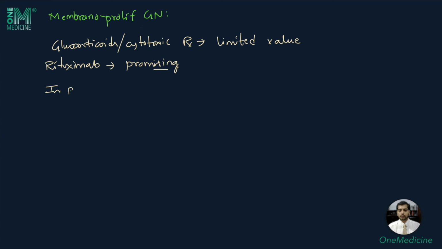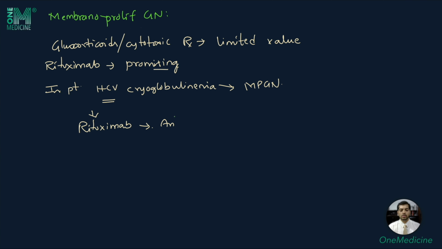In patients with HCV associated cryoglobulinemia causing MPGN, patients can be treated with rituximab, and once the disease is under control, patient can be subjected to antiviral therapy directed against HCV.